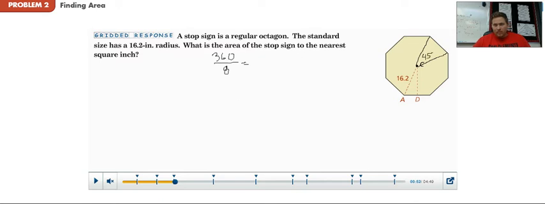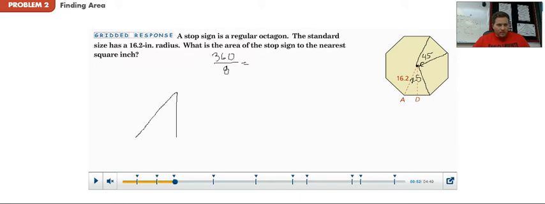But we cut that in half because the apothem cuts it in half, so this is now 22.5. So let's draw my triangle. I have a right triangle.